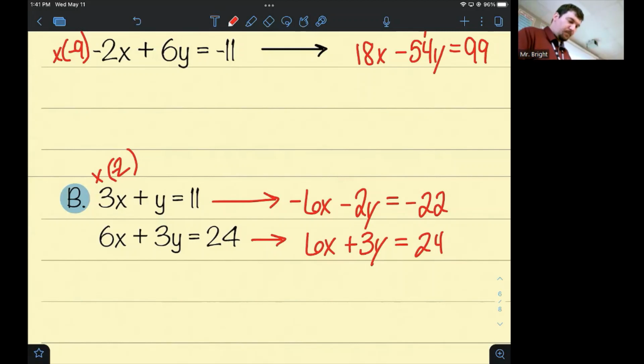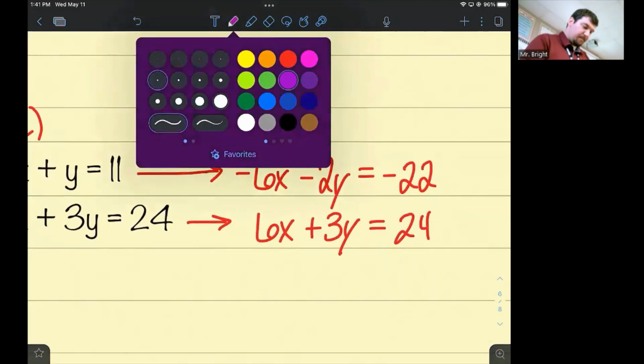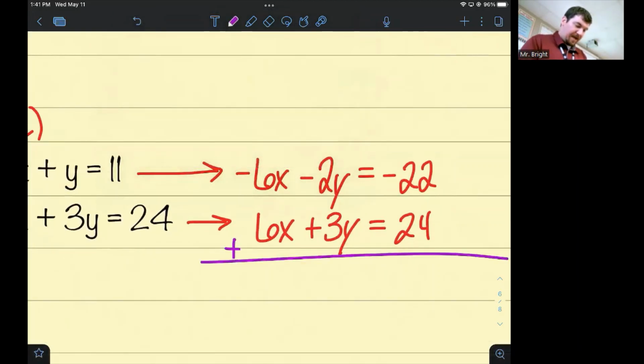Okay. Let's add. -6 and +6 cancel out. What's -2y plus 3y? 1y. And what's -22 plus 24? 2. Oh, that's nice. Y is 2.